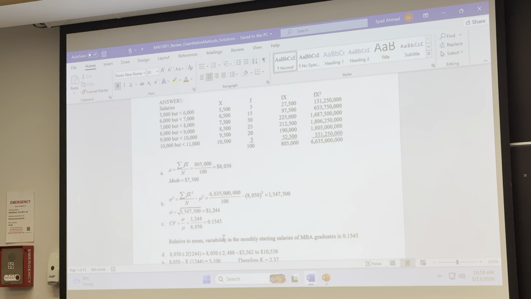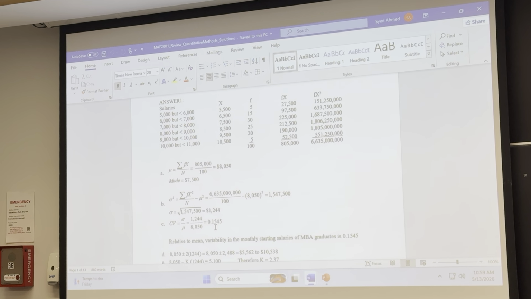So in relation to the mean, the variability is 0.1545. Now, I mean, how helpful this is? Is it more? Is it less? I cannot answer that. You have to compare with something. You are going to be comparing with some other company or something else. Okay. Then only you can say whether this variability is more or less.